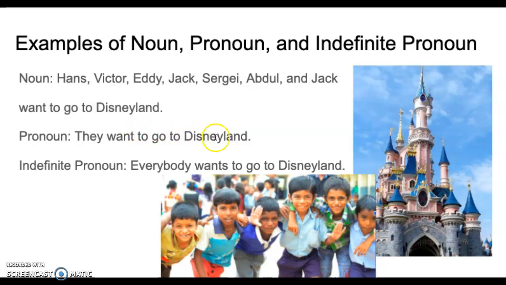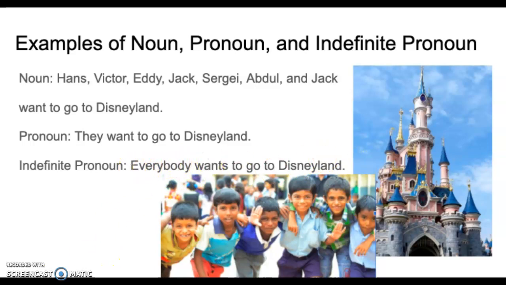They want to go to Disneyland. Now, if I'm going to make it an indefinite pronoun, instead of saying they want to go to Disneyland, I'd say everybody wants to go to Disneyland. So we went from my noun with their names being very specific, to pronouns being generally specific. That means we know it's they, there's a group, and then we went to everybody wants to go to Disneyland.